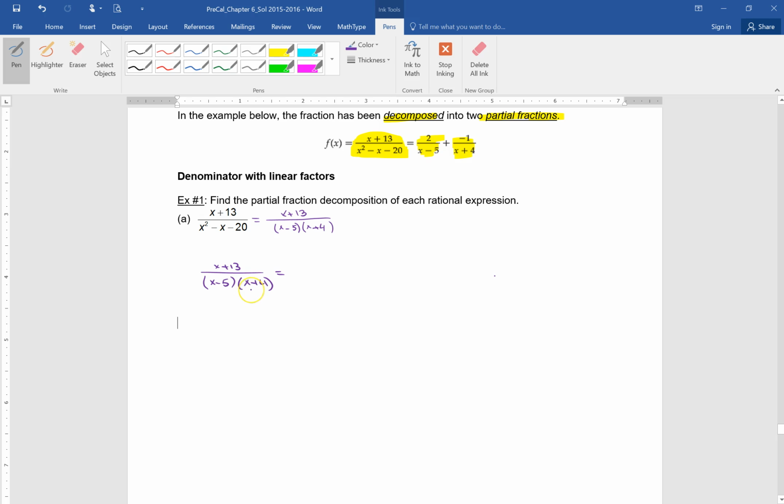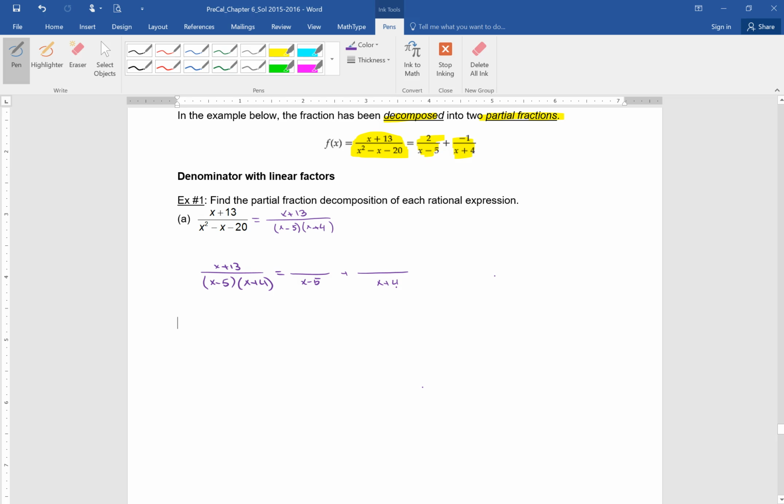You have two terms here. That means you need two fractions, one and another one. Now, each of the fractions gets one of these denominators. So the first one gets the x minus 5 as its denominator. The next one gets the x plus 4 as its denominator.